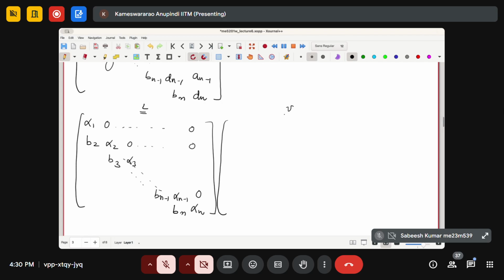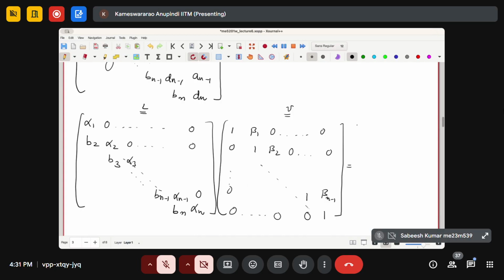And then my upper triangular matrix is going to be 1, B2, 0, all the way to 0, and so on till my 1 here. And then 1 above this is going to be beta n minus 1, 1, and this is 0, this is 0, everything else is 0.